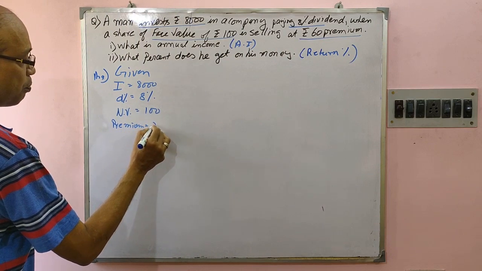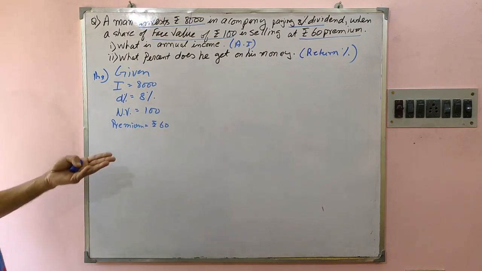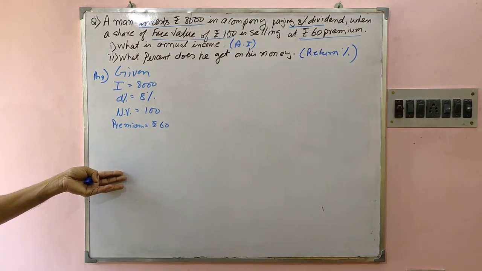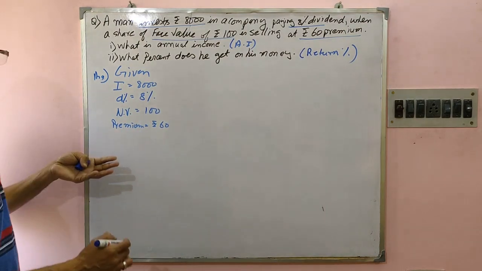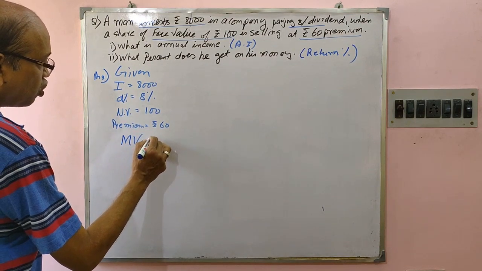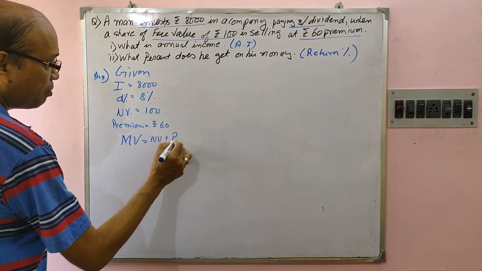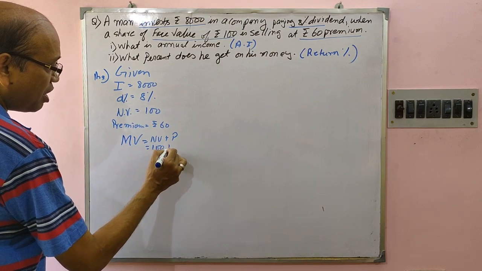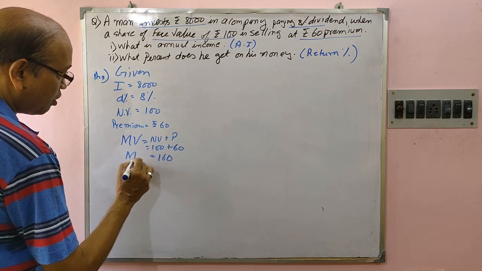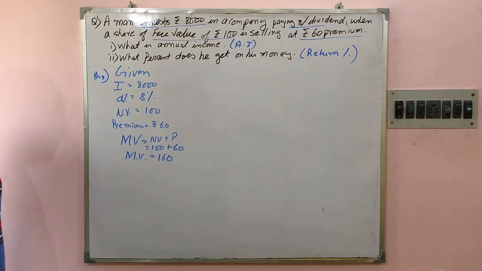Whenever these words come, premium, discount, we always have to find the market price, market value. Therefore, the market value will be nominal value plus premium, which is equal to 100 plus 60 is equal to 160. Therefore, the market value is 160.